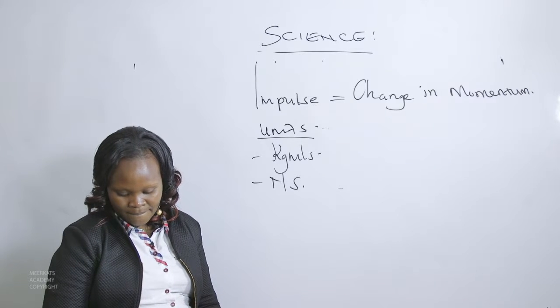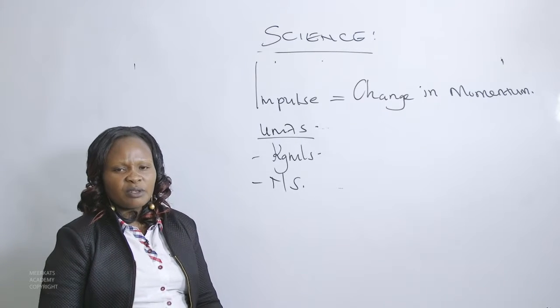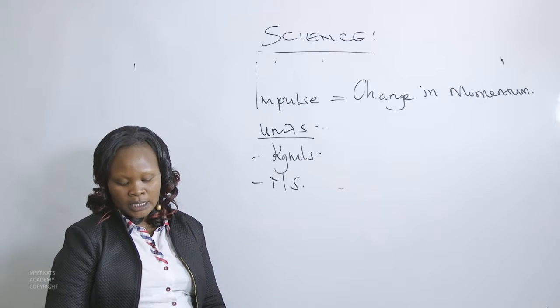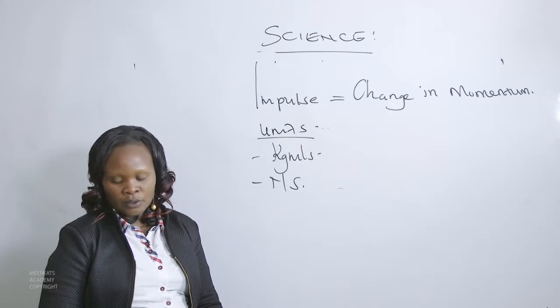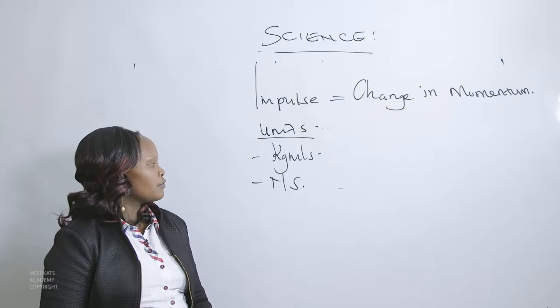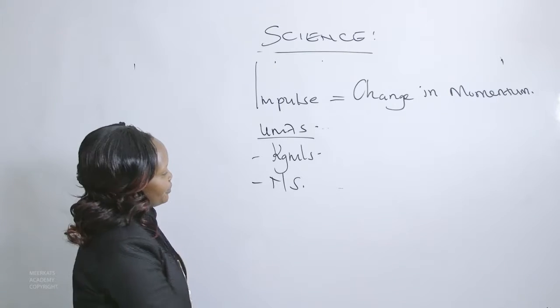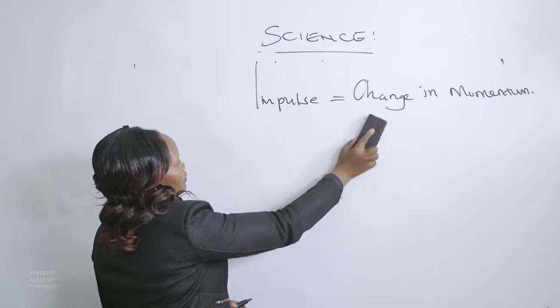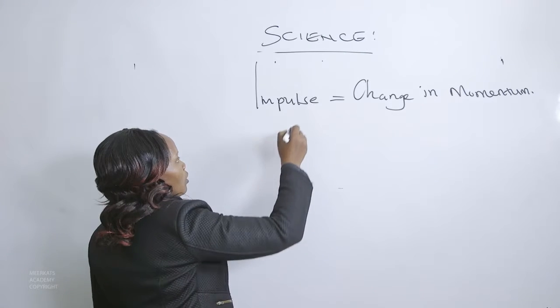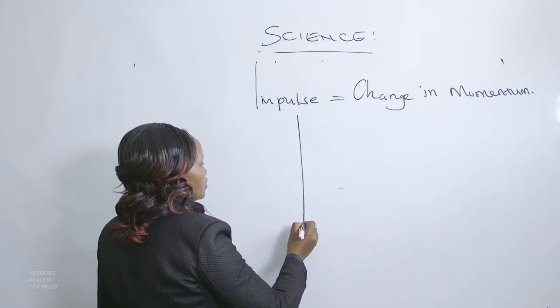Now, suppose we have a plot, a graph, where we have plotted F against t, a graph of force.